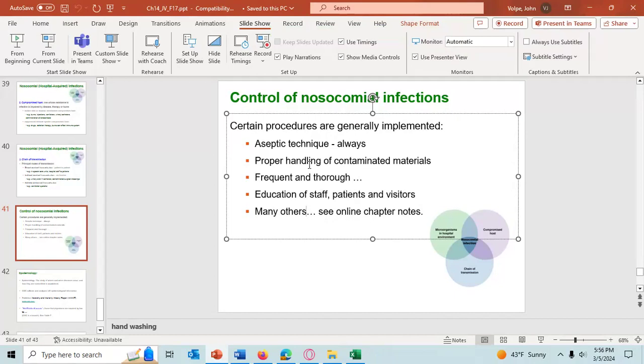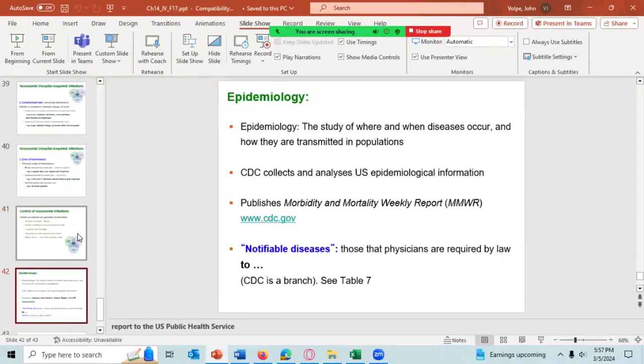And if you work in the hospital, you need to work on reducing the spread of a nosocomial infective agent. As I stated, 50% of the patients who get a nosocomial infective agent, that could have been prevented if people had been educated and followed through on preventing the nosocomial infective agent. Any question about any of that?